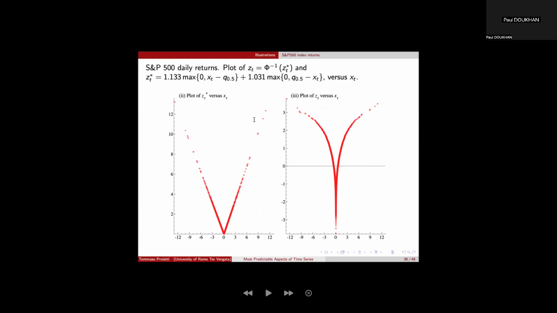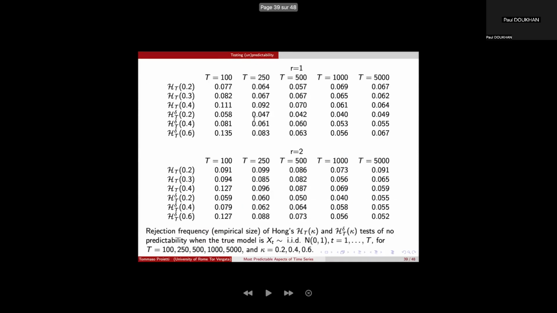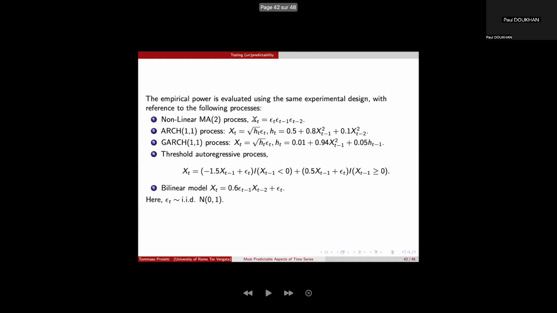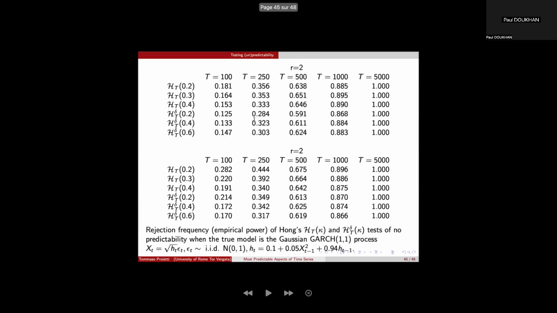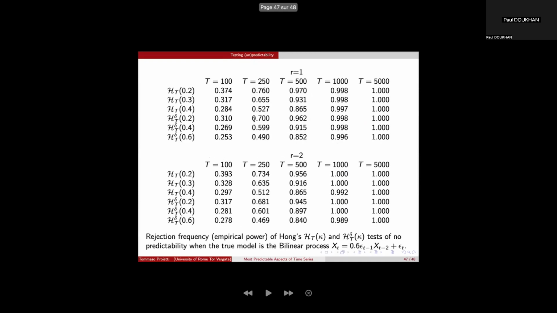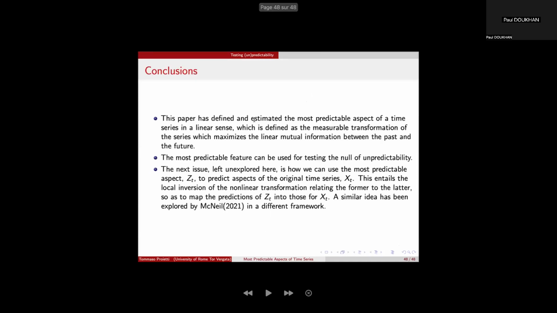So suppose that I have a range of predictions in this area. Then I would have to invert it to understand features like measures of risk and so on and so forth. This could be an interesting thing to do. I haven't done it yet. I only found a paper that, from another perspective, looks at xt and the absolute value of xt for a financial time series.